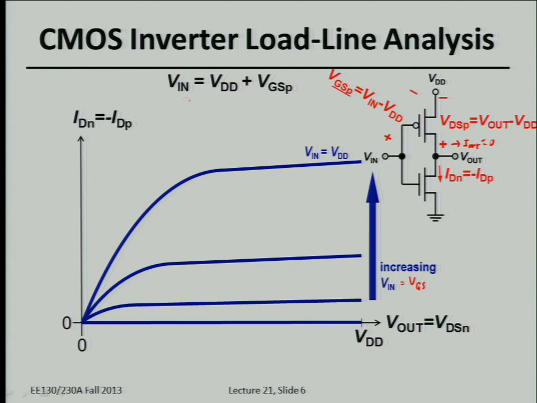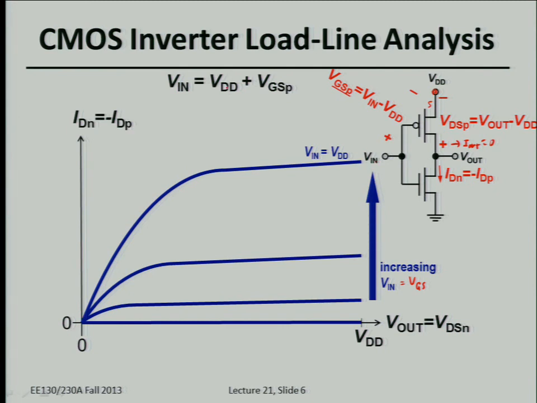To do this, we make a couple of observations. First of all, here's this plus minus, this is VGS for the PMOS device, the gate voltage minus the source voltage. That's the source. So if we start at VDD and add this voltage drop, VGS for the PMOS device, we should get Vin.